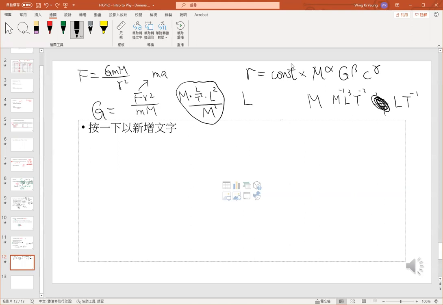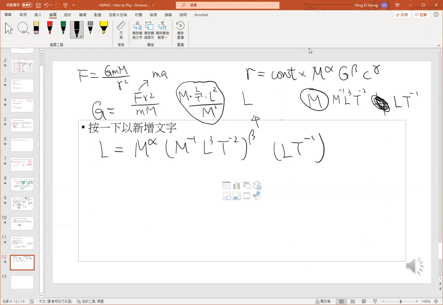Okay, then let's go on. Because I want this equation to be dimensionally valid, the dimension on the right hand side should equal the dimension on the left hand side. So L should equal, this is just the dimension of M, M to the power alpha, which has the dimension of mass to the power alpha, and then M to the power negative 1, length cubed divided by time squared, to the power beta, and then L T to the power negative 1, to the power gamma.